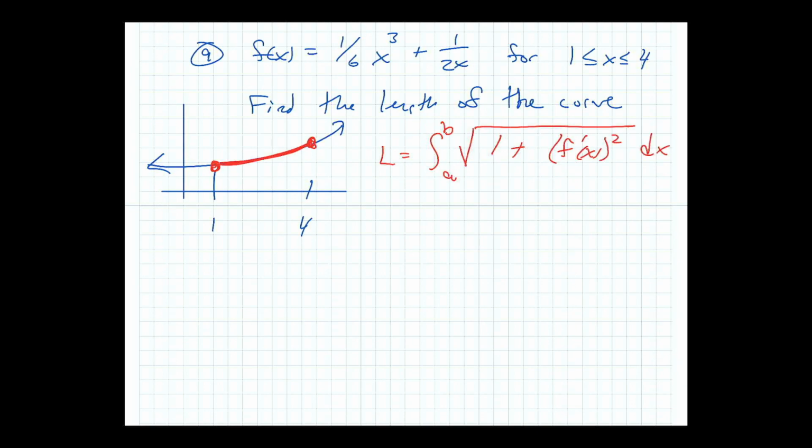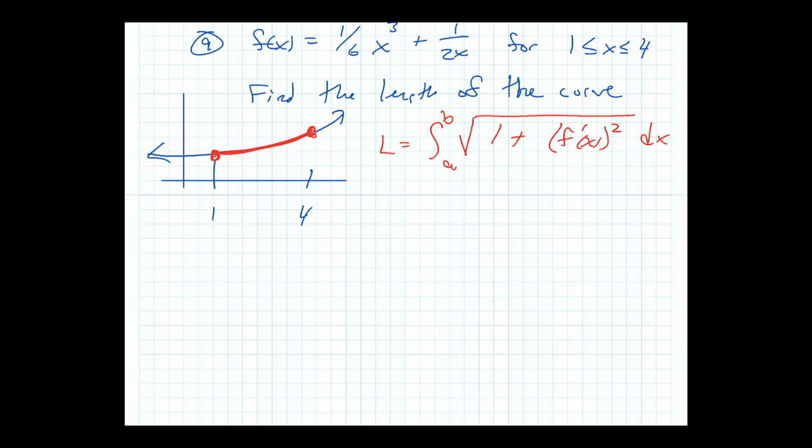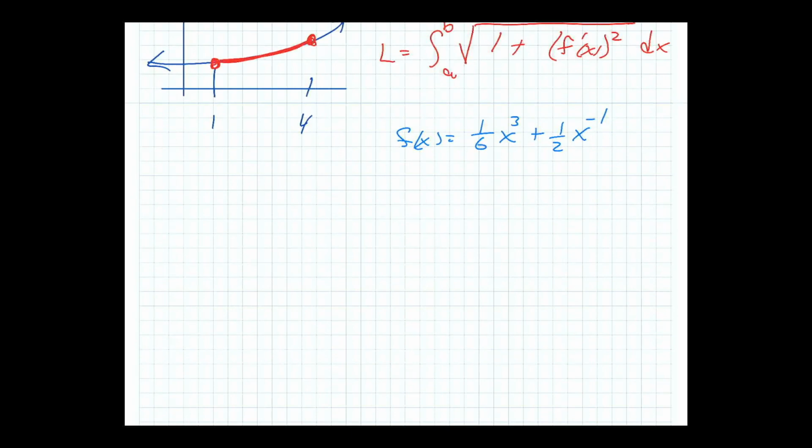Okay, so the derivative's a little bit harder here, and they actually expect us to solve this one, so we have to be careful. So let's write f of x 1/6 x to the 3, and I'm going to be careful here with this. 1 over 2x can be written as 1/2 x to the negative 1. Haven't done the derivative yet, that's just what 1 over 2x is. Okay, now let's take the derivative.